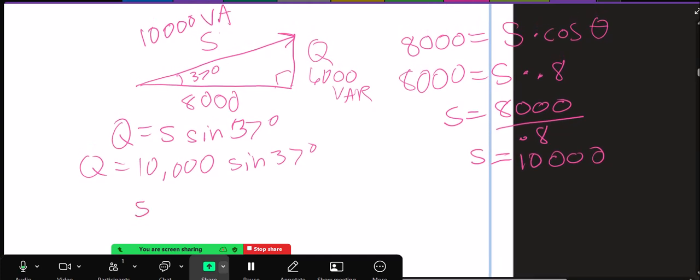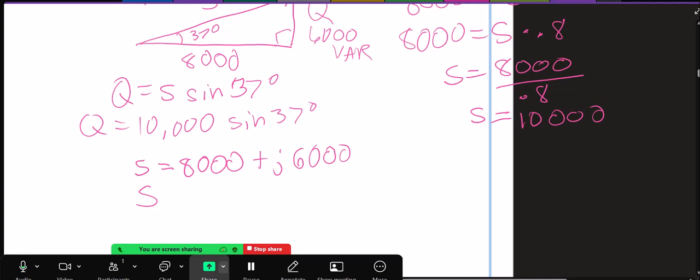I have that S is 8,000 plus j 6,000. And I also know it's going to be 10,000 angle 36.9 degrees VA.